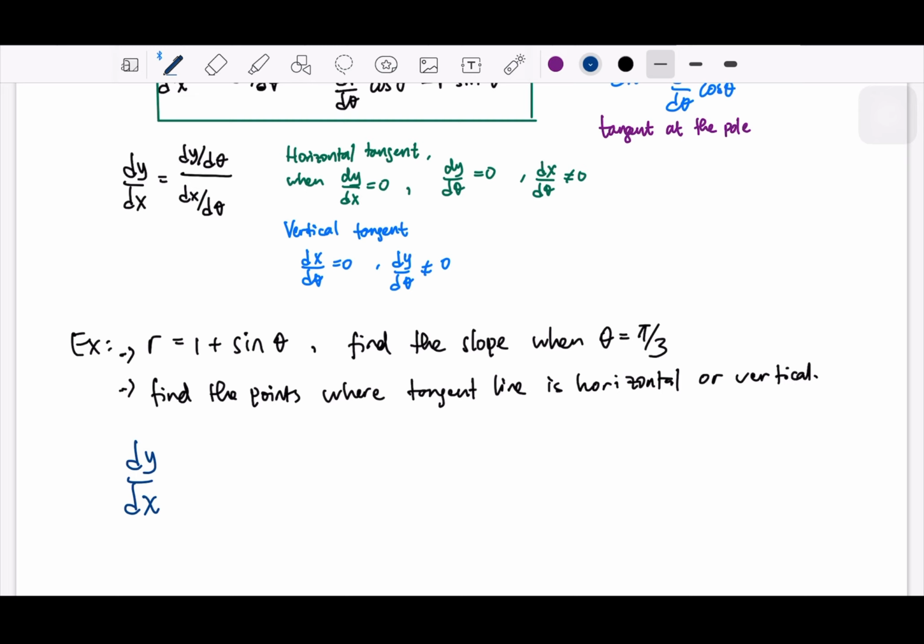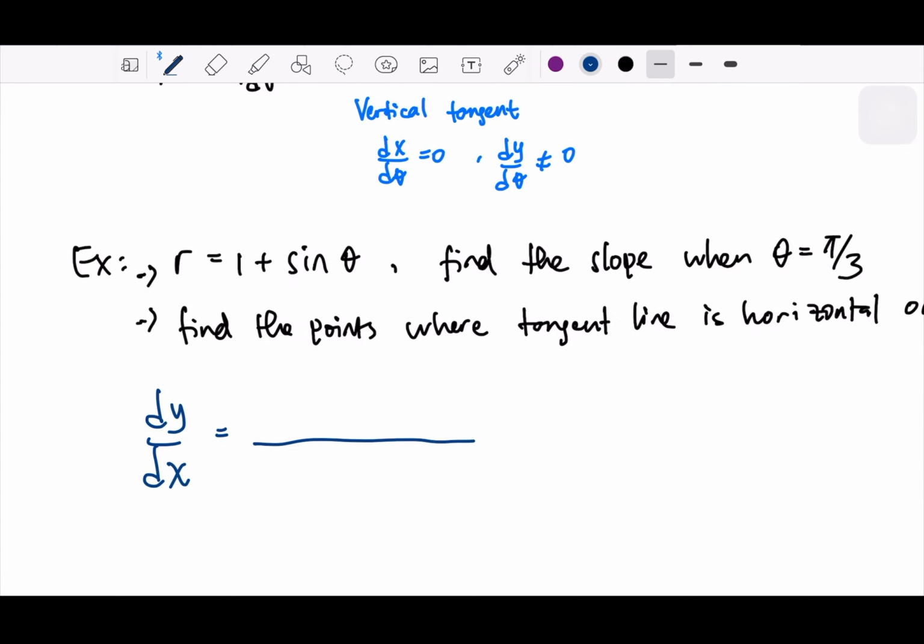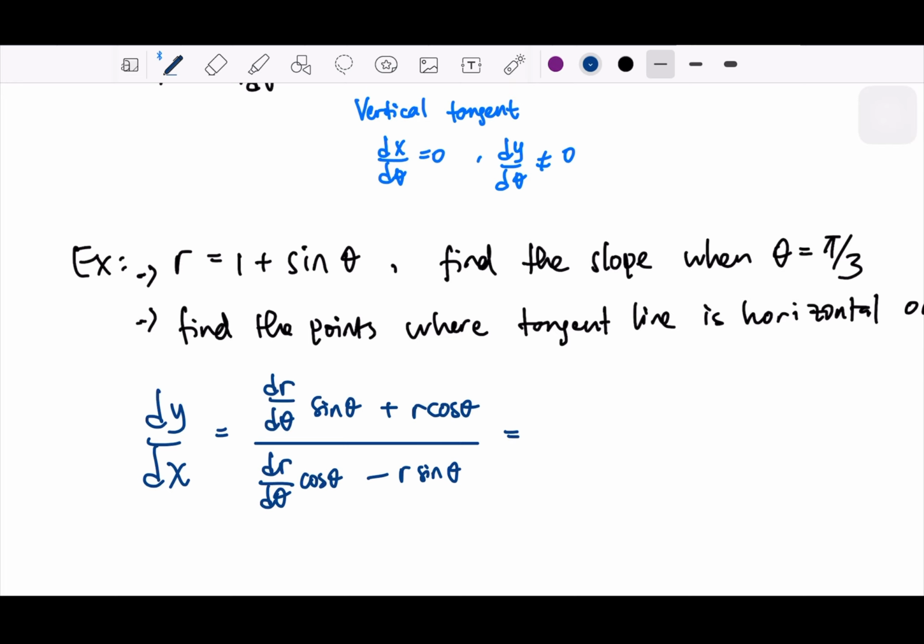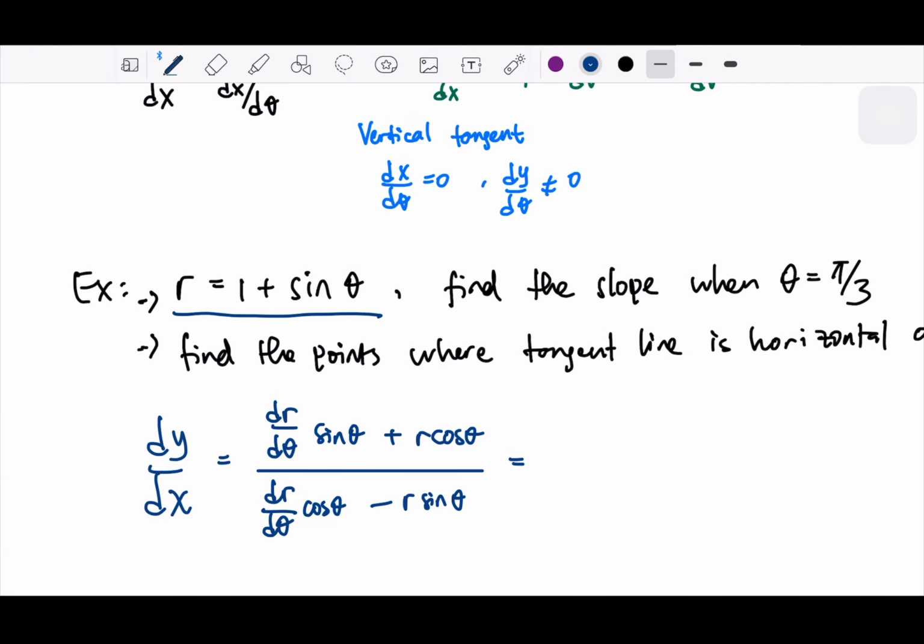Okay, so first we can take the equations and put them into our equation like this. Based on what we have in these equations, for r equals 1 plus sine theta, dr over d theta is just cos theta.